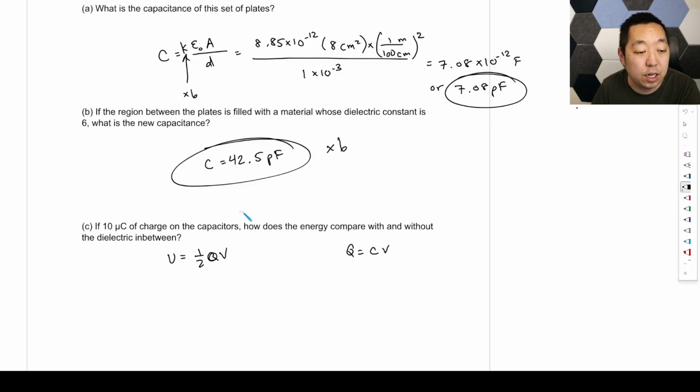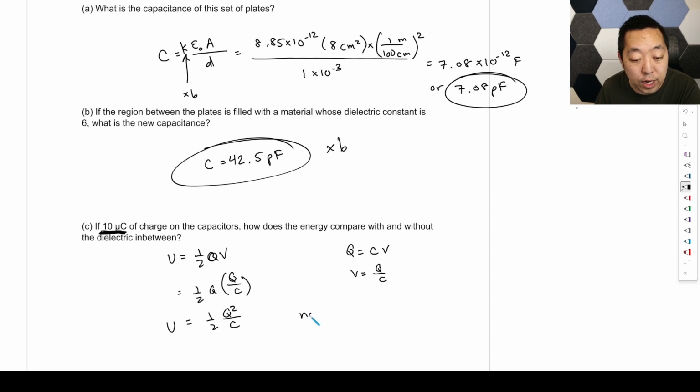Because the potential is not constant. They're giving us a set amount of charge in both cases. So we want to get rid of the voltage, because we know the capacitance and we know the charge. We want our answer for energy in terms of charge and capacitance. So V is going to be Q over C, and this is going to be 1/2 Q squared over C.